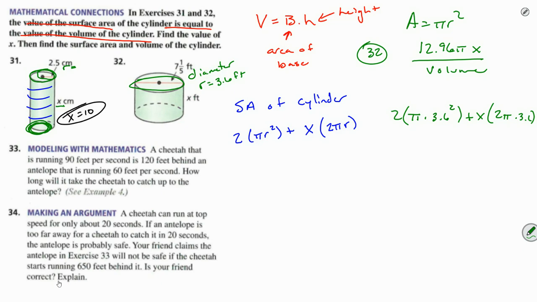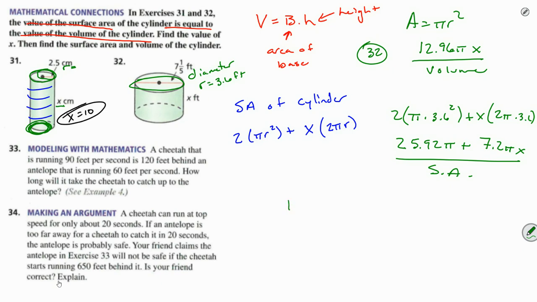So let's simplify this a little bit. 3.6 squared is 12.96 times 2. So this should be 25.92 pi plus 2 times 3.6, 7.2 pi x. This should be the surface area.